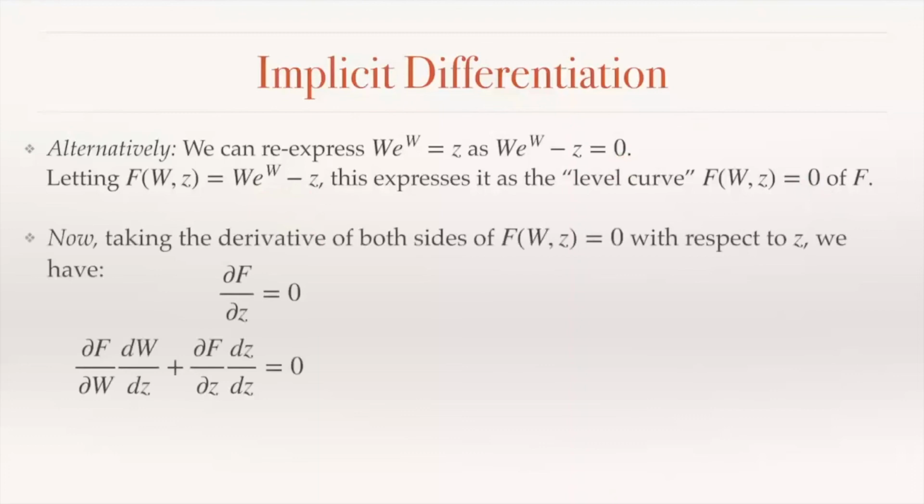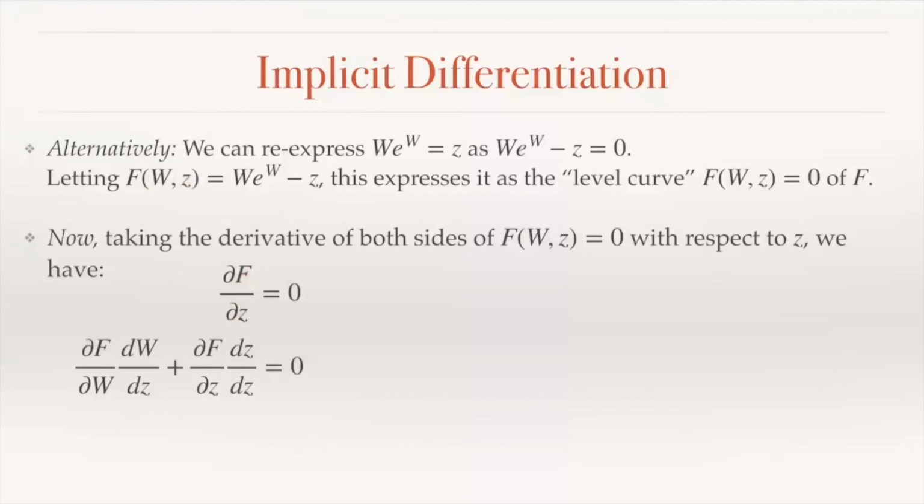And now we take the derivative of both sides with respect to z, except now this left side is a function of 2 variables, so that's a partial derivative. And the derivative of 0 is 0. So we have that del f del z is 0. And now f is a function of w and z, each of which is a function of z.